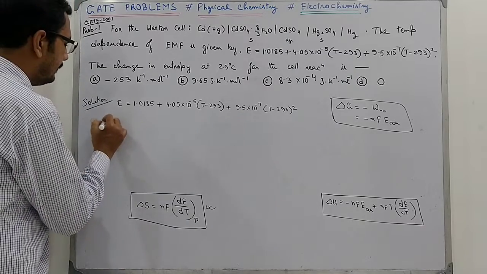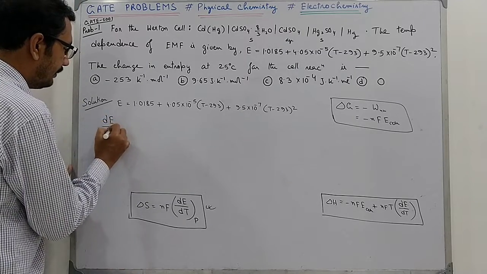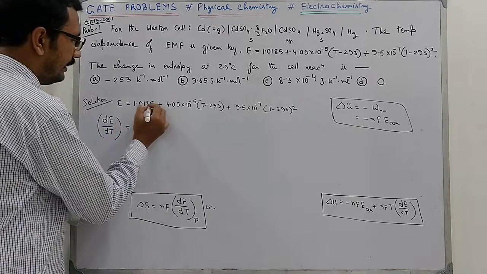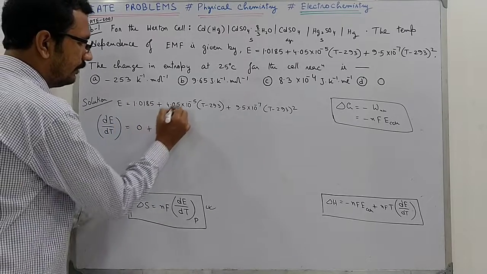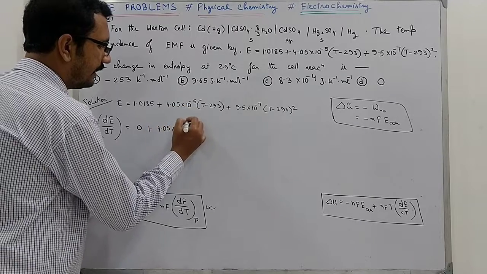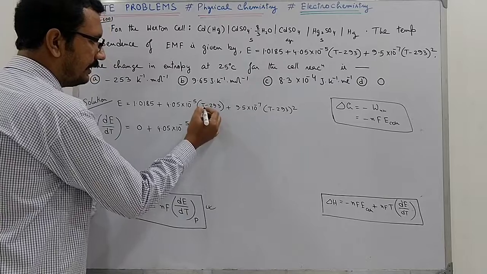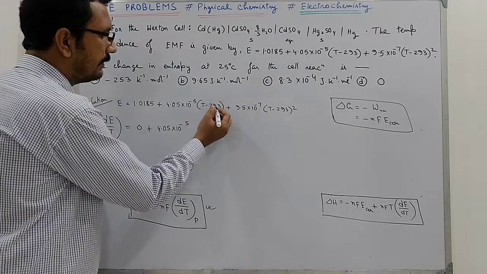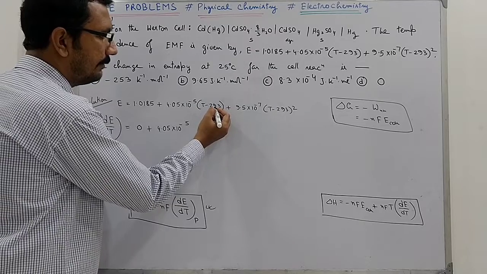Now differentiate it with respect to temperature. So it will give you dE/dT on the left hand side. It is constant, so it will be 0. Now this constant will come out, 4.05 times 10 to the minus 5, and if we operate here the derivative, it will give us d/dT of T, that is 1, and minus, it is constant, so its derivative will be 0.